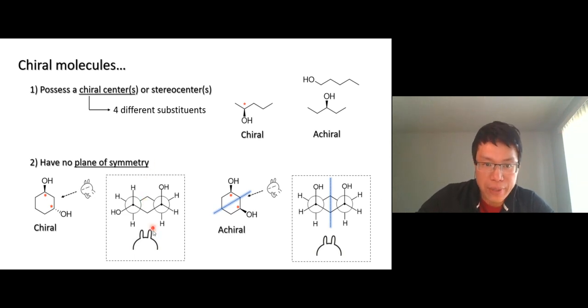If I have an imaginary line like this, OH points up, OH points down, they don't look the same. But this one totally, OH points up, OH points up. All right, that's the plane of symmetry. All right, a molecule would be chiral if 1, it possesses 1 chiral center, 4 different substituents, and 2, it has no plane of symmetry.